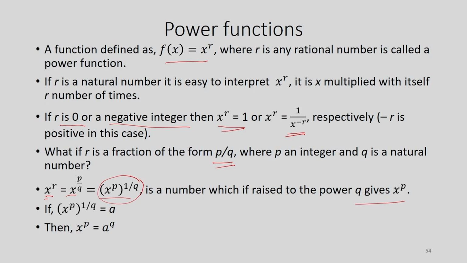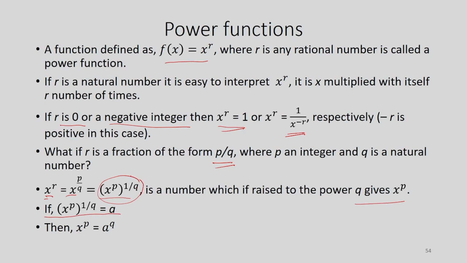You just raise this number to the power q, then q and q will get cancelled and you will get x to the power p. Okay. So, we have done this step by step. So, I have to interpret this number. Suppose this number is equal to small a, which is a constant.